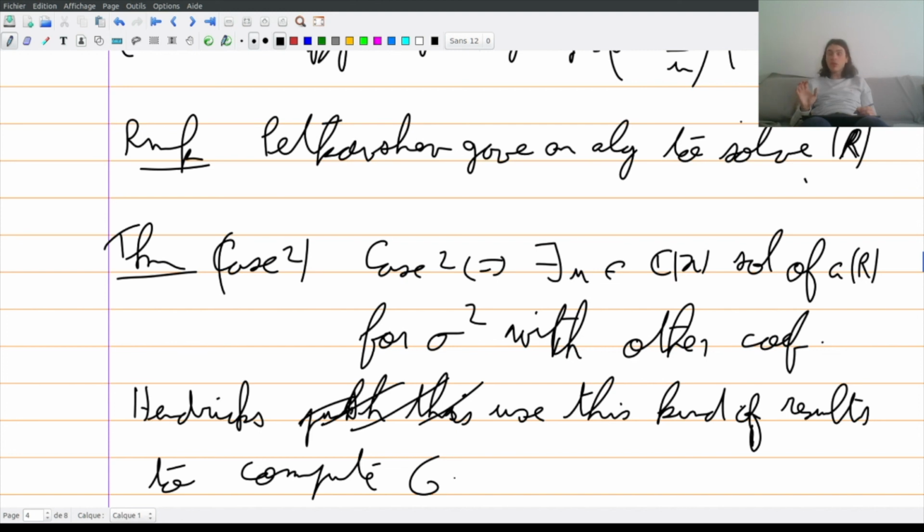It can be made algorithmically, but the complexity is exponential in the order of the equation and the degree. So it can be done, but it's not easy.